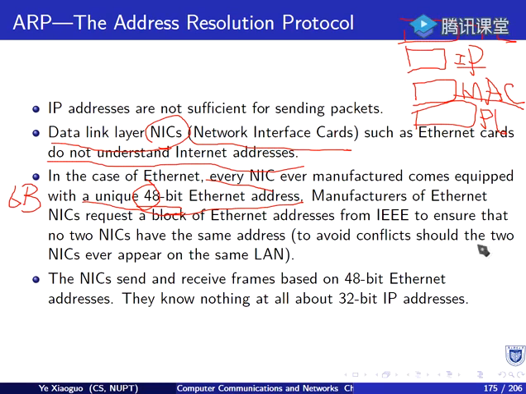Should two NICs ever appear on the same local area network, the NICs send and receive frames based on 48-bit Ethernet addresses. They know nothing at all about 32-bit IP addresses.